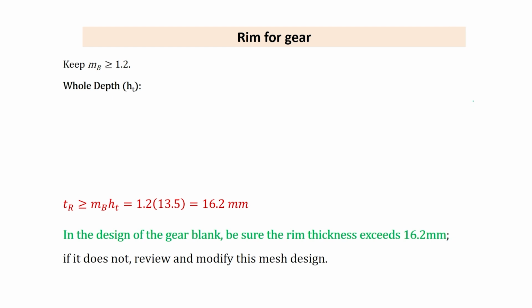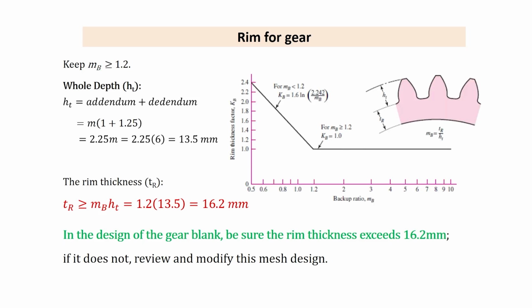So we will keep MB greater than 1.2, where this MB is the ratio of rim thickness divided by the height of the gear tooth, HT, which is equal to the addendum height plus dedendum height. So, for our case, the module is taken as m, and so the total height HT will be 2.25 times the module, and it comes as 13.5 mm.